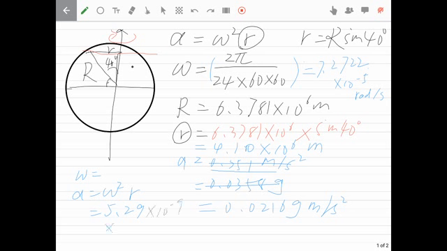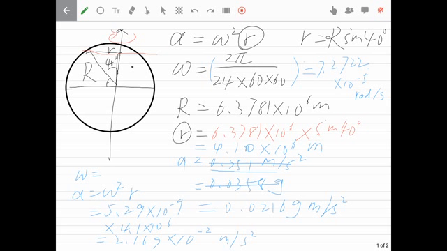Then times r, which is 4.1 times 10 to the power 6. So that equals 2.169 times 10 to the power negative 2 meters per second squared. That's the answer. You have something wrong when you calculate that.